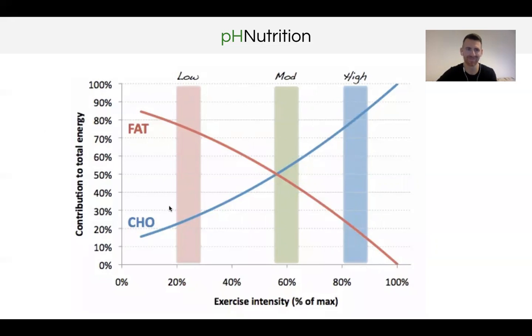Whereas if we're metabolically flexible and can still use fats very efficiently at these lower intensities, we can spare muscle glycogen. We spare it and use it later for when we really need it, because we cannot use fats at this high intensity.